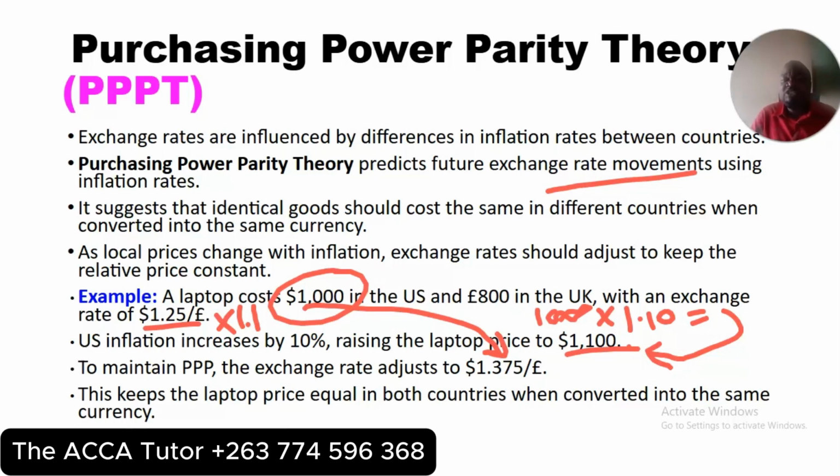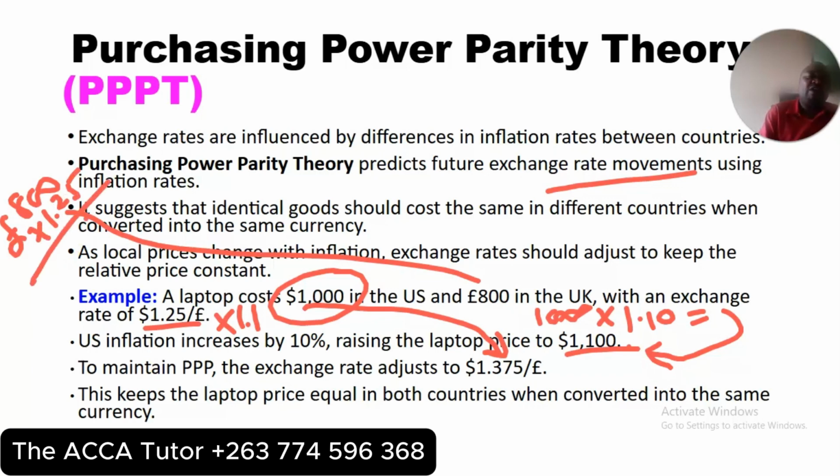If the rate does not respond to inflation, it simply means that if I go to the UK and try to change my £800 to US dollars, if I multiply by the original rate of 1.25, I'll be having how many dollars in pocket? I'll be having $1,000, right? Which means I won't like it because I won't be able to buy the laptop.